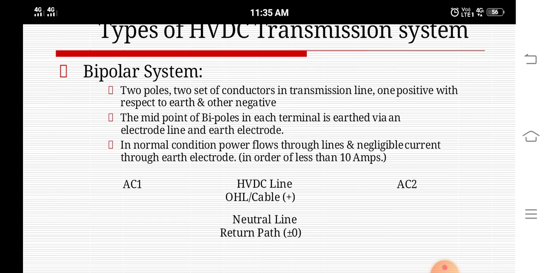When one pole is isolated due to a fault, the other pole can operate with ground return and carry half the rated load or more using the overload capabilities of its converter. Bipolar has only two conductors.